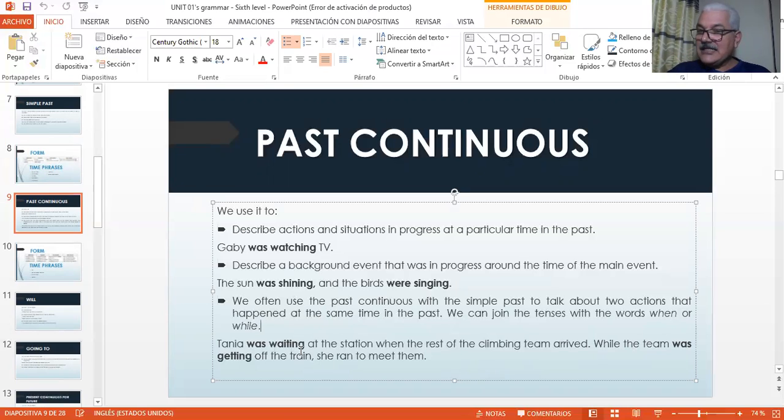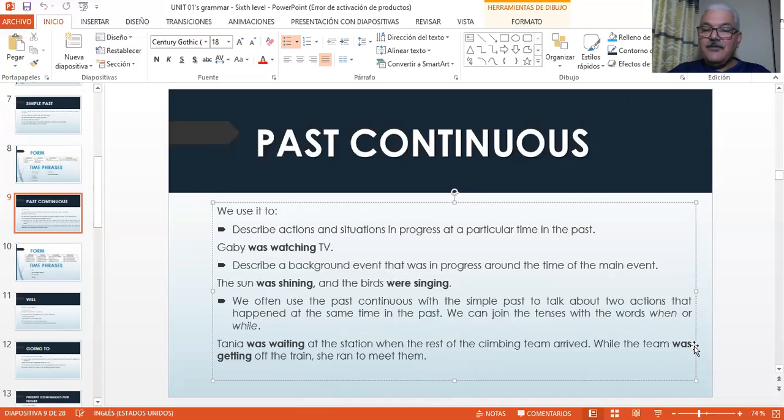Then this is an example. Tanya was waiting at the station when the rest of the climbing team arrived. While the team was getting off the train, she ran to meet them. So notice that she was waiting, that happened first, and it was taking longer than the rest. She was waiting for a long time.